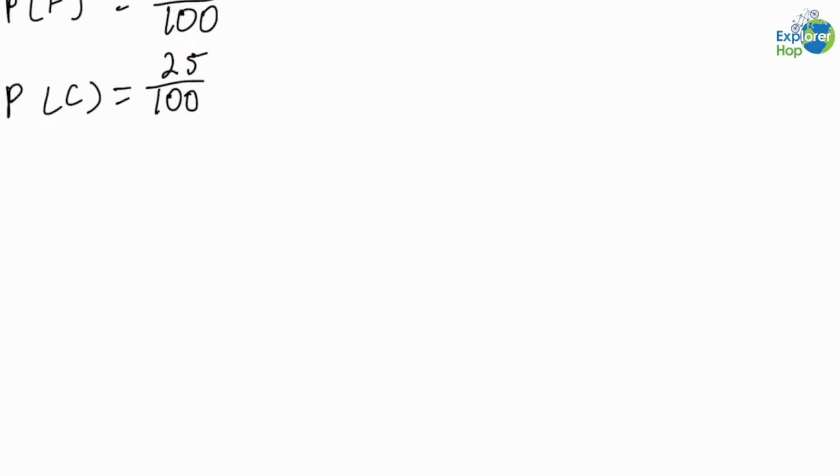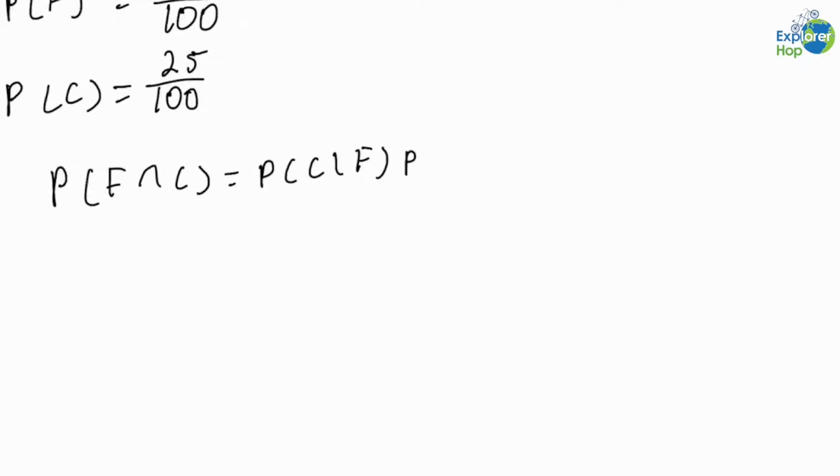The probability of the intersection of event F and C is equal to the probability of event C given event F times the probability of event F. And from here, we just solve for the probability of C given F. So the probability of event C given F, which is the probability of a person being colorblind given that they are female, is equal to the probability of the intersection of event F and C divided by the probability of event F.